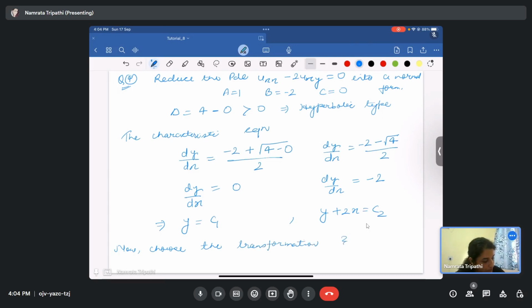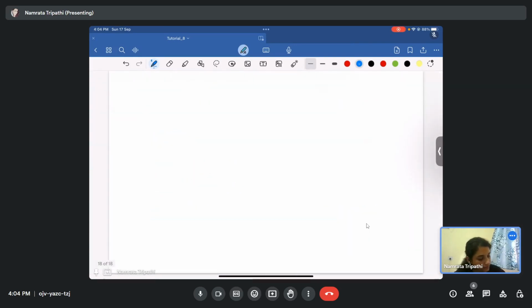Can we choose xi is equal to y and eta is equal to y plus 2x? Please check the Jacobian for these transformations. Xi is y, so xi of x is 0, xi of y is 1, eta of x is 2, eta of y is 1. Again, not equal to 0.